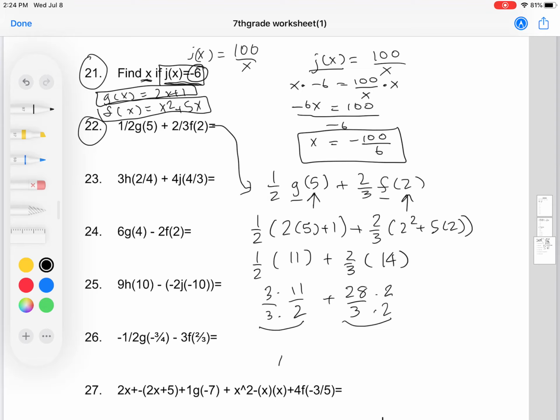So if that's the case, 33 divided by 6 plus 56 divided by 6. So what this will equal is 89 over 6, and that will be your answer. What this value represents is just the output of this entire equation.